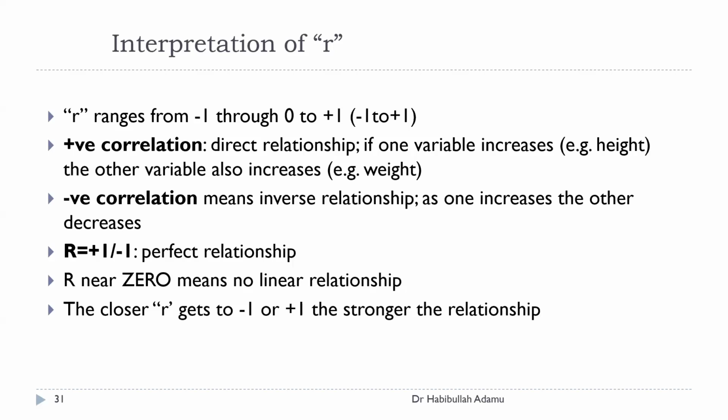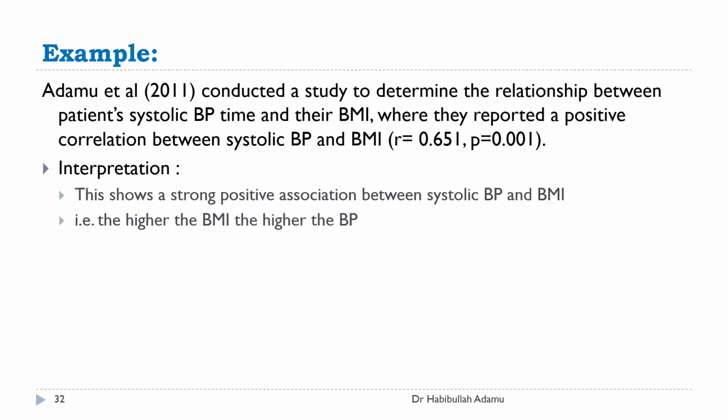So once you have variables moving in the same direction, it means there is positive correlation between them. If the value is negative, that means there is negative correlation. And here the association is what? Inverse. It means as one variable increase, the other variable will be what? Decreasing, and vice versa. So let's look at the various interpretations.